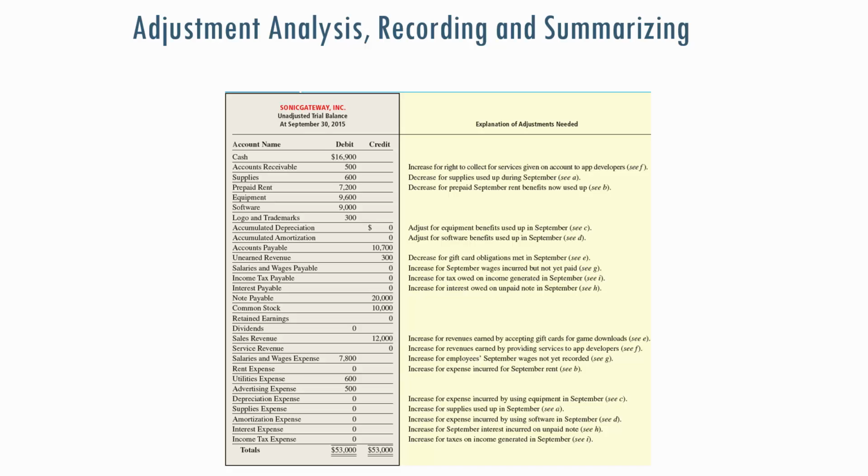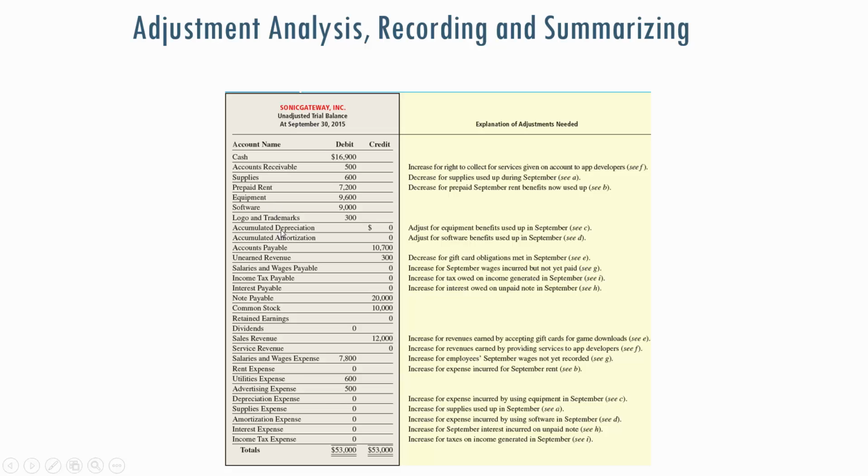One of the things we're going to be talking about soon is these two accounts here, accumulated depreciation and accumulated amortization. The other sides to these accounts are down here, depreciation expense and amortization expense. So when we look at our trial balance, it says unadjusted trial balance, so it's before our adjusting entries.